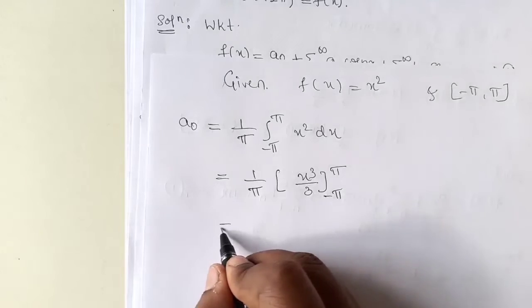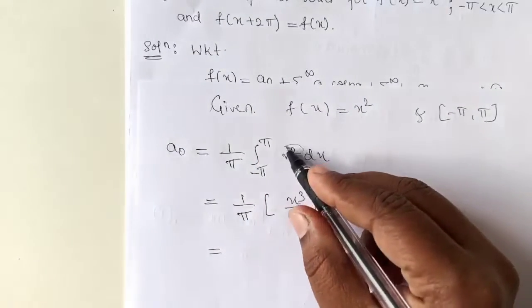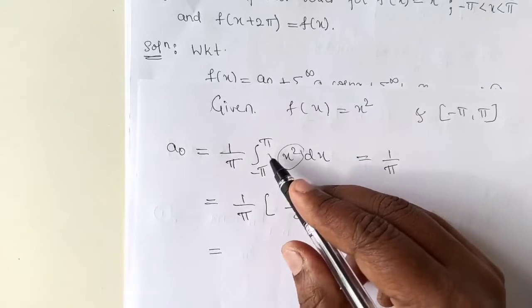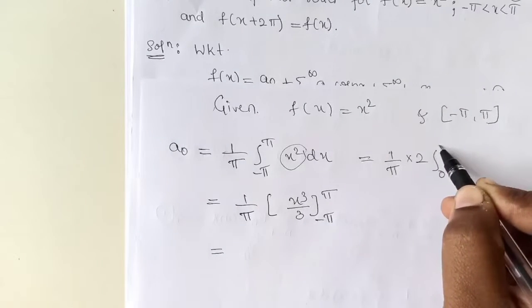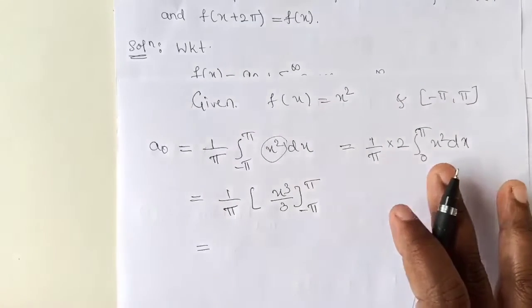Or you can use the definite integral formula also, because it is an even function. You can write it as 1 by pi, so minus pi to pi can be written as 2 into 0 to pi x square dx. This is for the even function.